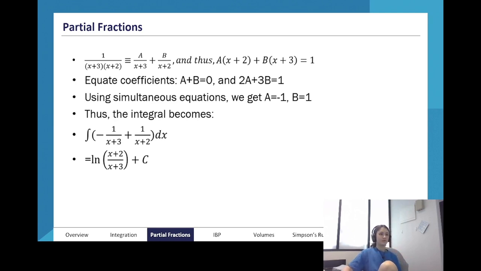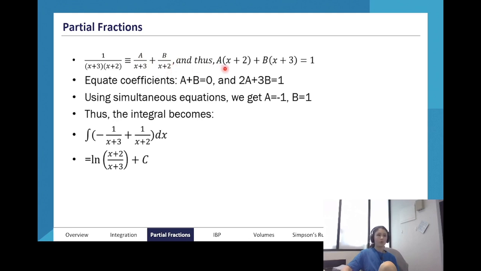So in this example here, we need to find the integral of 1 over x plus 3, x plus 2. And we can split this up into two fractions as we did in the last slide, A over x plus 3 and B over x plus 2.